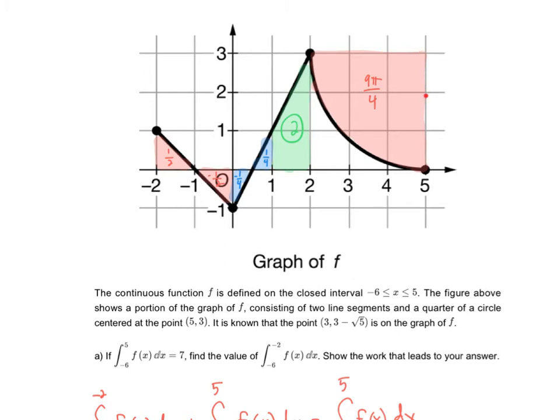And then this whole square, the area of this would be 9. So the area of this is 9 minus this. The area of that is 9 minus 9 pi over 4.